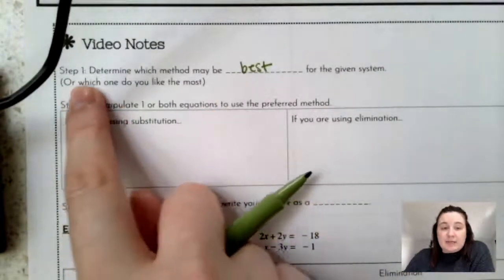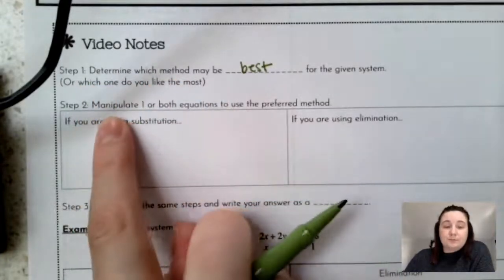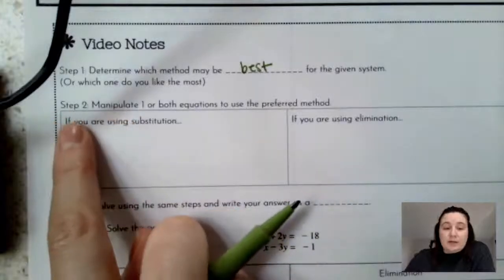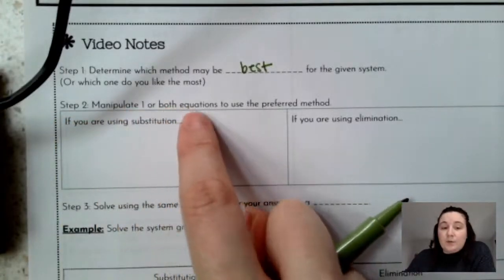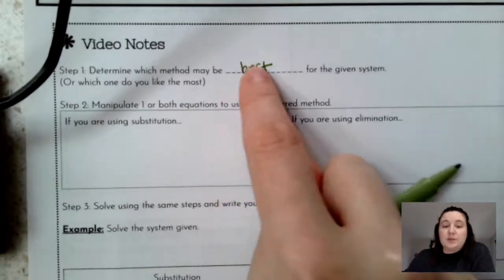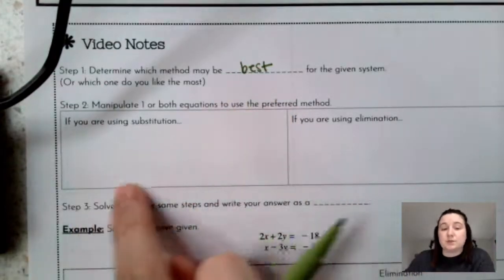Remember that if you need a second to write this down, you can pause it in between each set of notes. Step two is to manipulate one or both of the equations to be able to use the method. So let's say we want to use substitution.